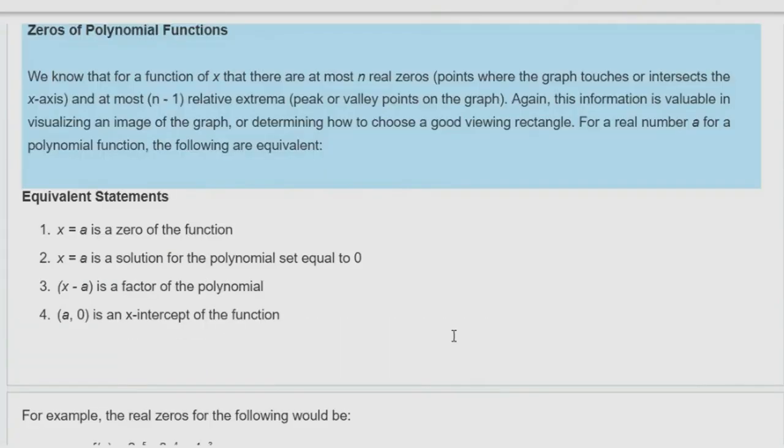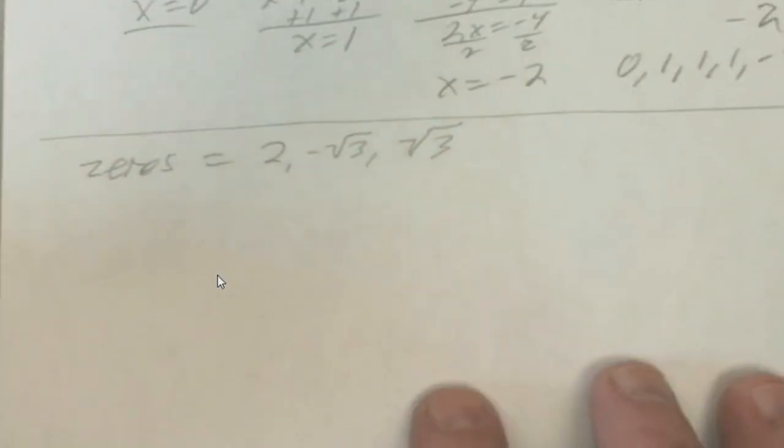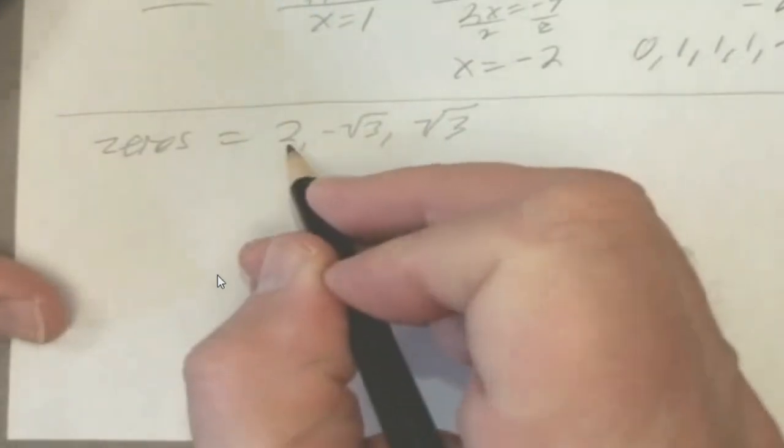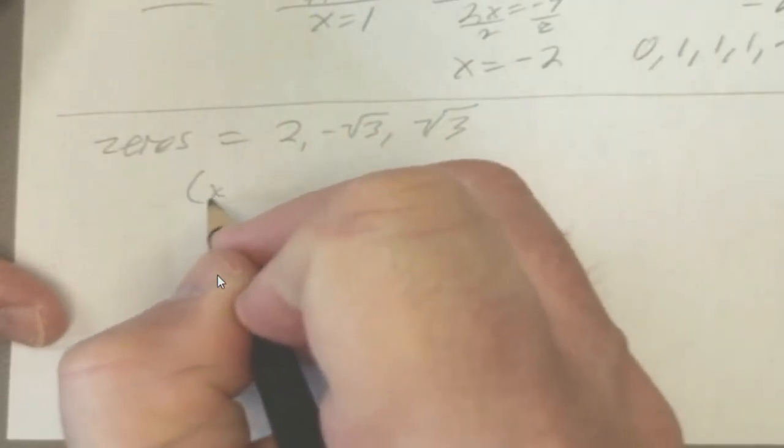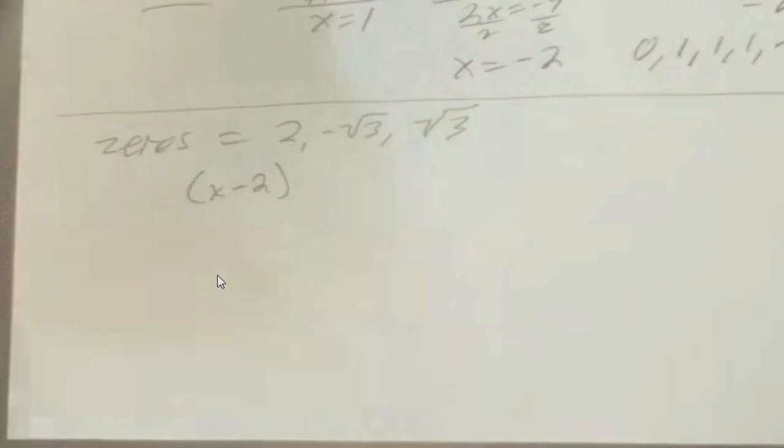Let's go back to it right here. These equivalent statements. If x equals a is a 0, then x minus a is a factor. If these are equivalent, that means if this is true, this is true. So we can use that property to say if 2 is a 0, that means x minus 2 is a factor.